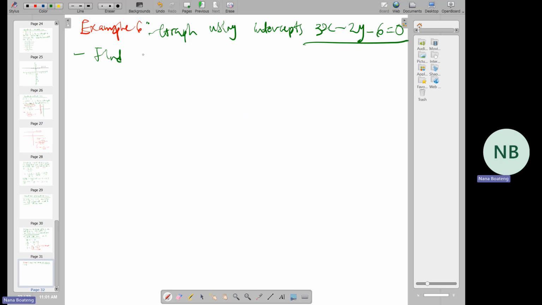All right, so our first pair of points for the x-intercept is 2, 0. So 2, 0 is this point, and our other one, the y-intercept, is negative 3. So negative 3 is this point. So we have these 2 pairs of points that we can draw a straight line through. So this will be the line for 3x minus 2y minus 6 is equal to 0. So that is how we graph using the intercepts.